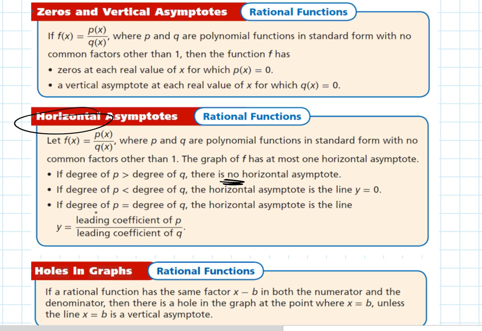If the degree of the numerator is smaller than the degree of the denominator, then there is a horizontal asymptote at the line y equals 0. And finally, if the degrees are the same, we take the leading coefficient of the numerator and divide that by the leading coefficient of the denominator, and that will be our horizontal asymptote.